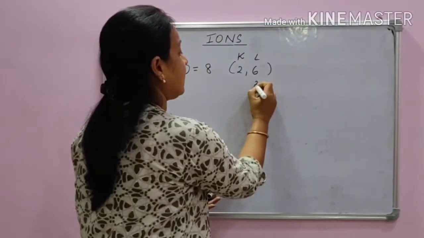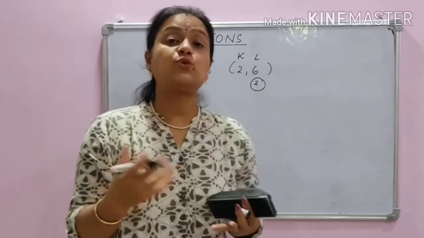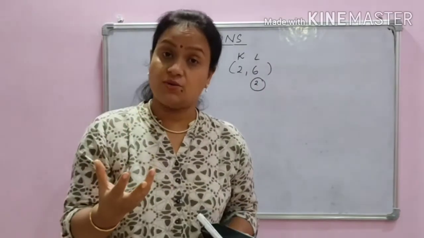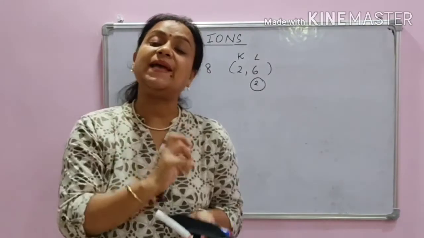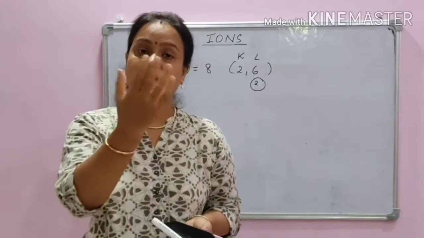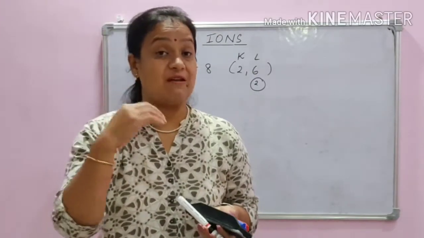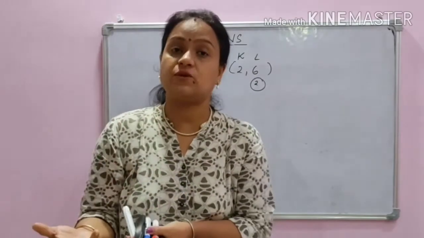Means it can place 2 more electrons in its L shell. So what will oxygen try to do? It will try to complete its outermost shell by borrowing 2 electrons from some other atom which is ready to lend it, which is ready to give it 2 electrons.